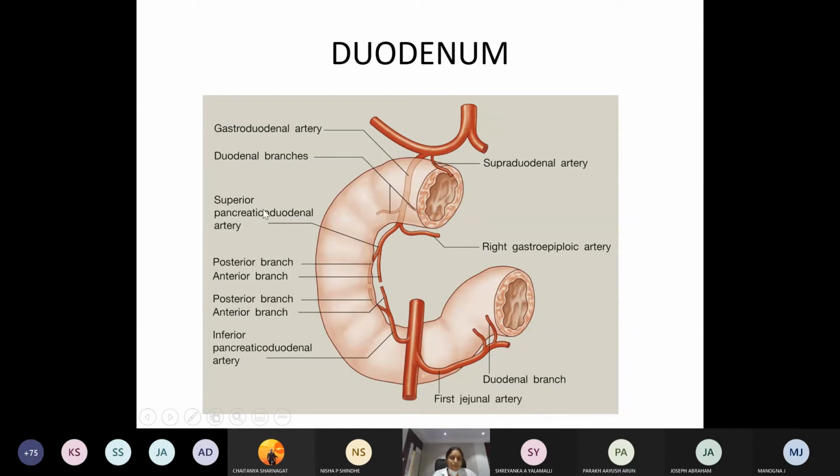So you can see there will be anastomosis between the branches of the celiac trunk and superior mesenteric artery. The superior pancreaticoduodenal artery and inferior pancreaticoduodenal artery anastomose to supply the second part of the duodenum. That indicates the dual source of origin of the duodenum.